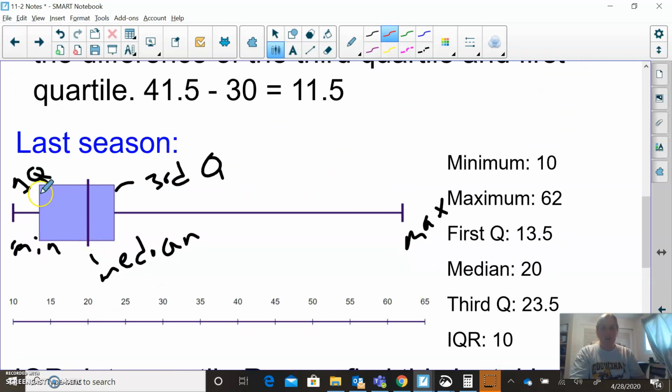So if we look here for last season, 50% of our data falls between first quartile at 13.5 and third quartile at 23.5.